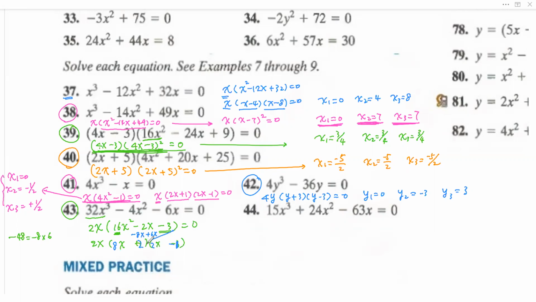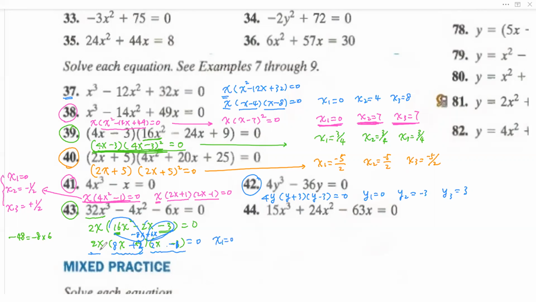Take 3 out, 2x minus 1, right? So equal 0. Did you guys get this? So this one factors into 4x plus 3 and 2x minus 1, right? You can group factor like this and like this. The middle term gets negative 2x, right?